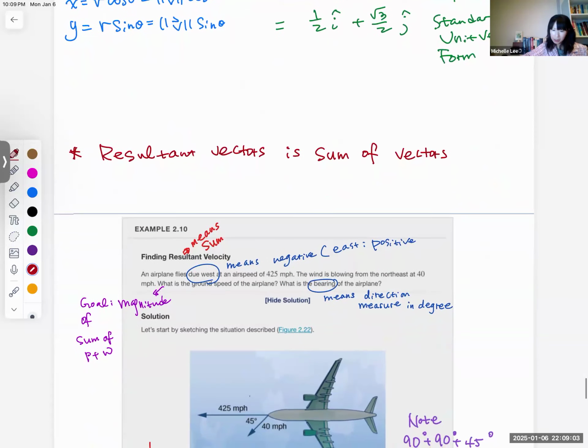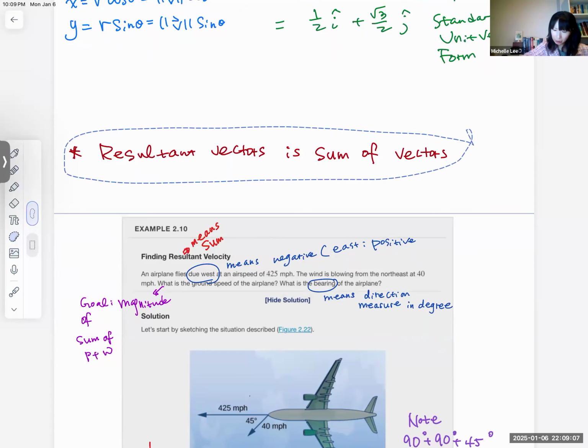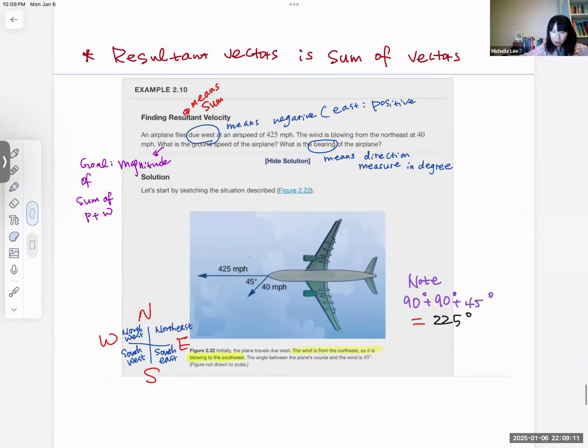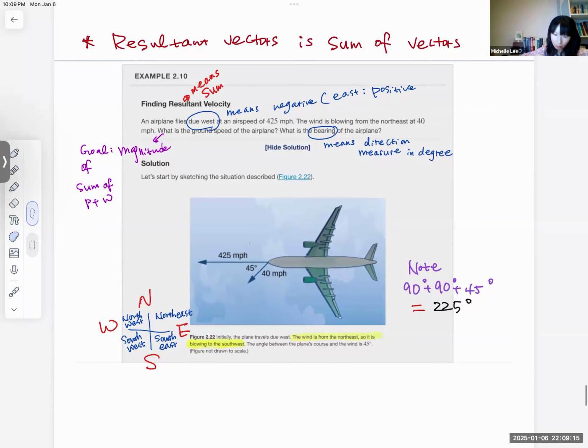So we have an application. This is the terminology for this application. This is example 2.10, the last question in this section. Finding resultant velocity. An airplane flies due west.